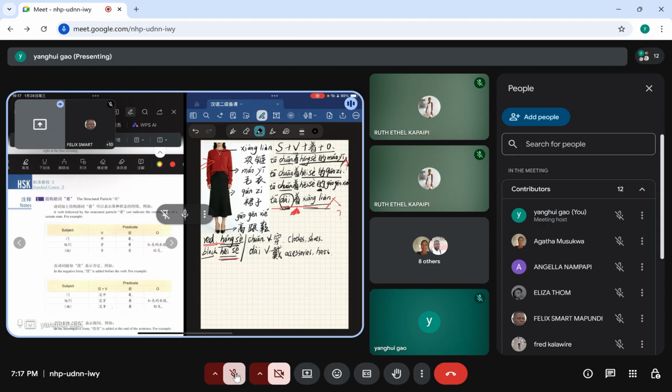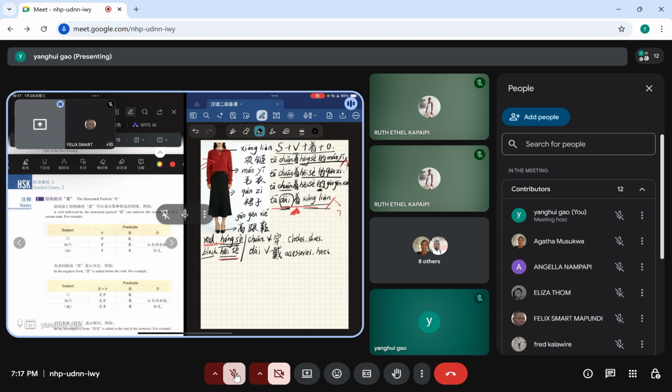So 她穿着红色的毛衣. And then 她穿着黑色的裙子, she is wearing a black skirt or black dress. 她穿着黑色的高跟鞋, so she is wearing black high heels.